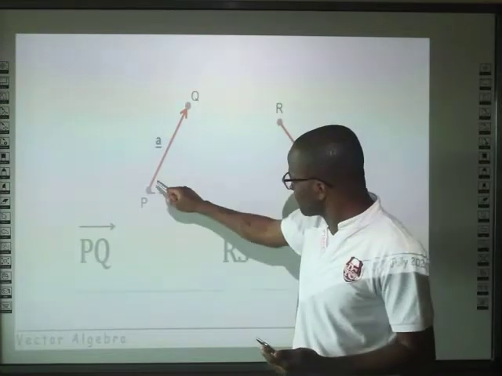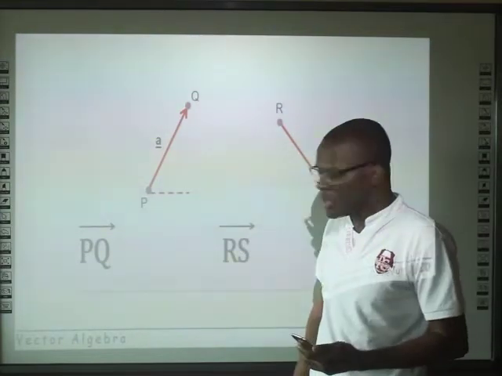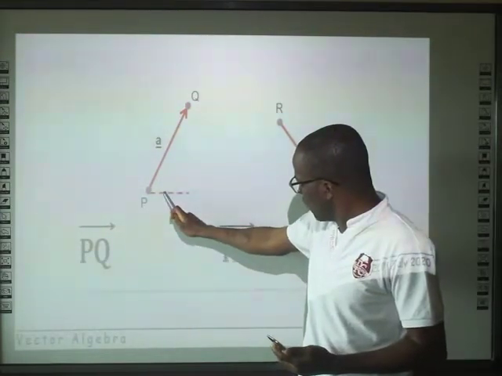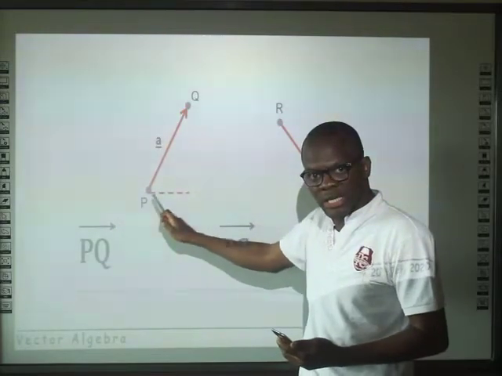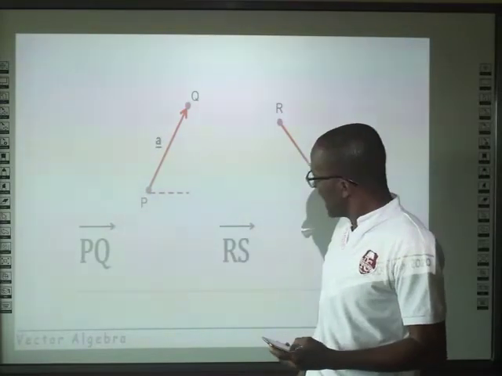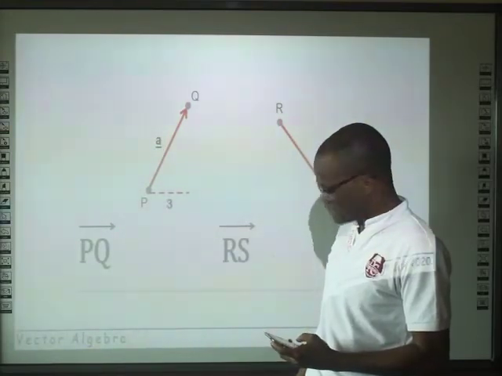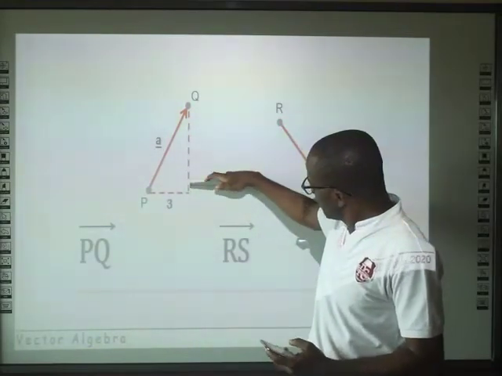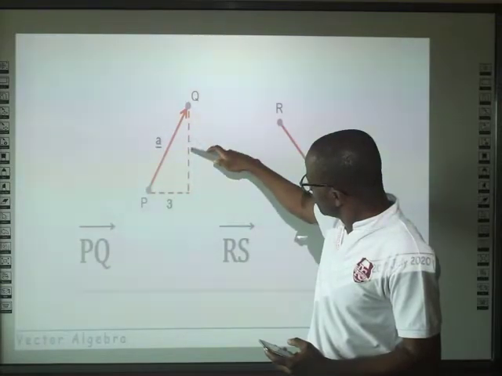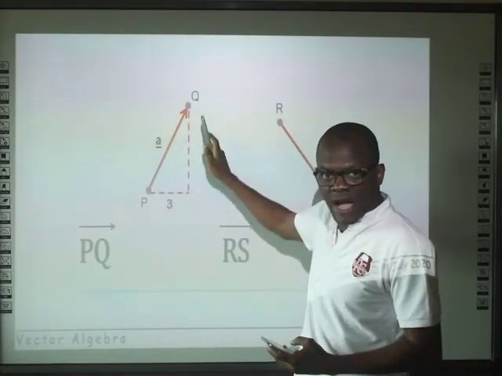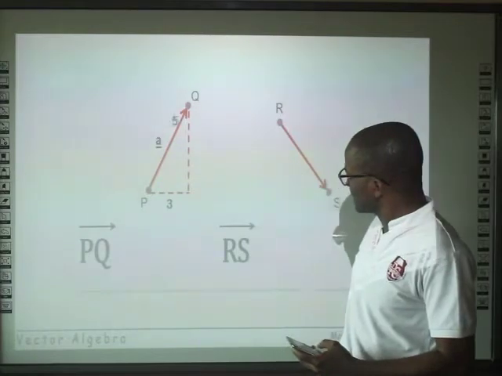To go from P to Q, you have to go 1, 2, 3 units along the x-axis and 1, 2, 3, 4, 5 units along the y-axis.